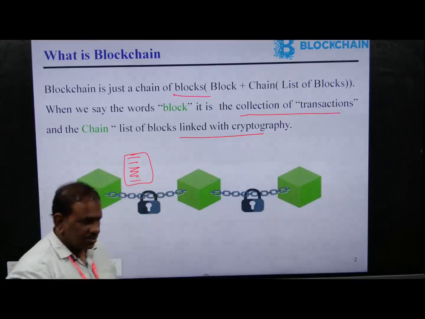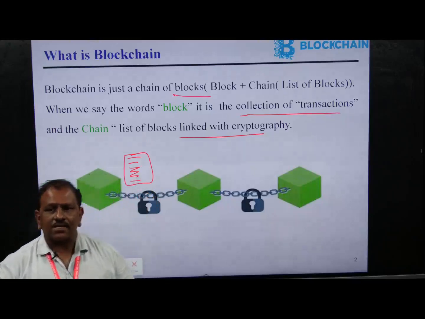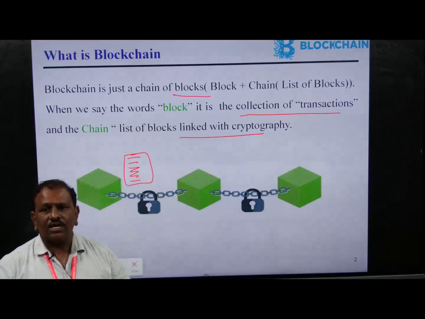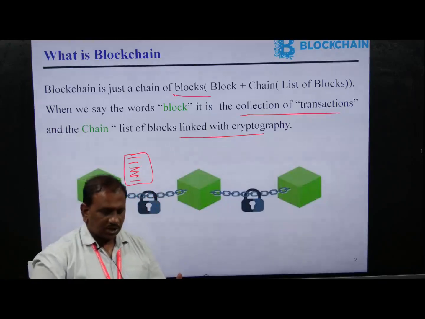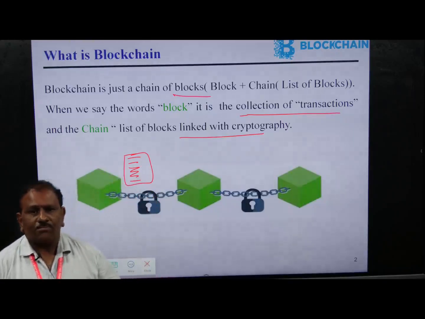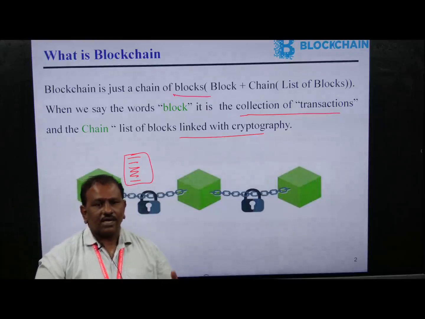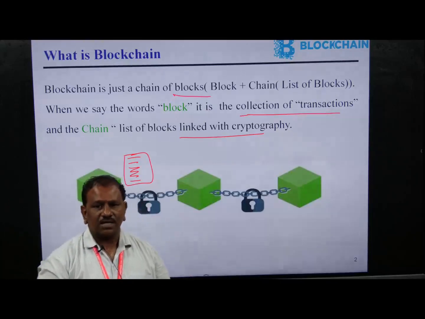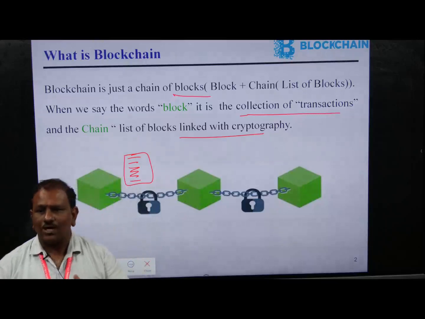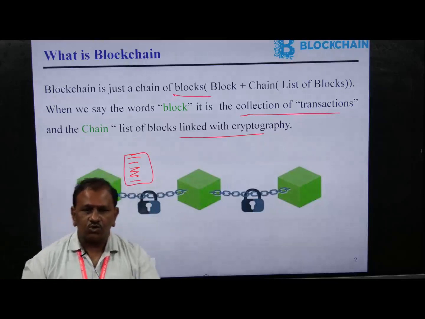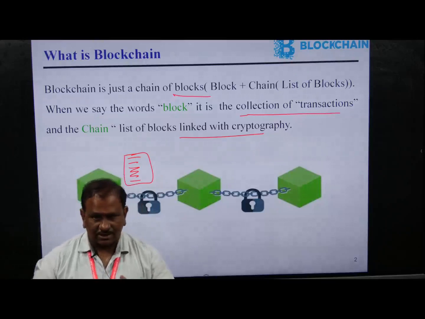These all are transactions. Now, what is the meaning of a transaction? If I am talking about an example of banking, then whenever a person is transferring some money from one account to another account, we call it a transaction.